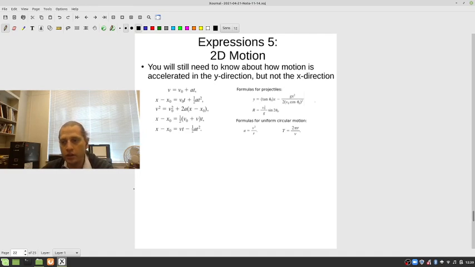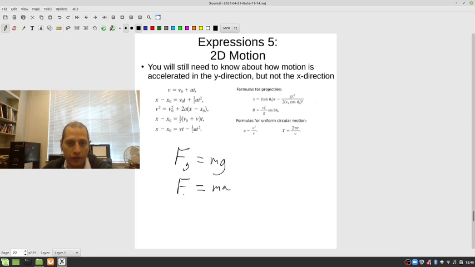Now, here's the tougher part, doing two-dimensional motion problems with the accelerated model. So that's what I was talking about earlier with the x direction being unaccelerated and the y direction being accelerated by the force of gravity, where near the Earth the force of gravity just looks like m times g, and then Newton's second law gives us F equals ma.